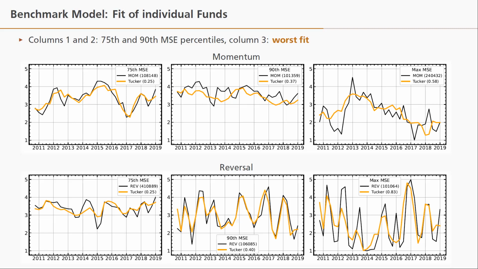Momentum and reversal are the worst case scenarios. So in some sense, these two cases here are two of the overall worst fits in the entire model.